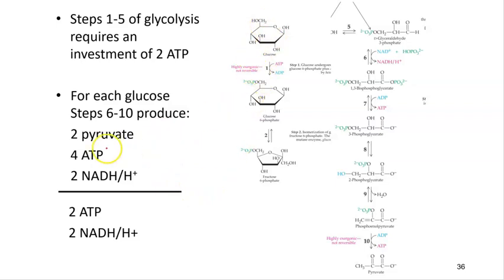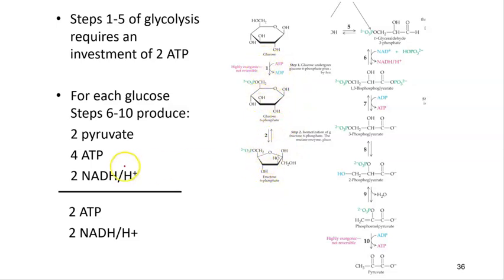Overall, in those processes, we generate 2 pyruvate molecules, 4 ATP, and 2 NADH. But in the end, remember, we also have to subtract some of the initial utilization in the earlier steps, and this isn't showing the whole thing, sorry about that, but we used 2 ATP molecules.